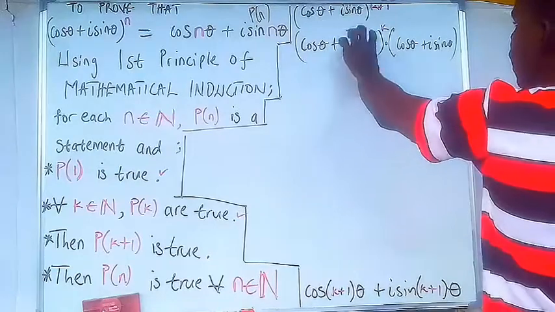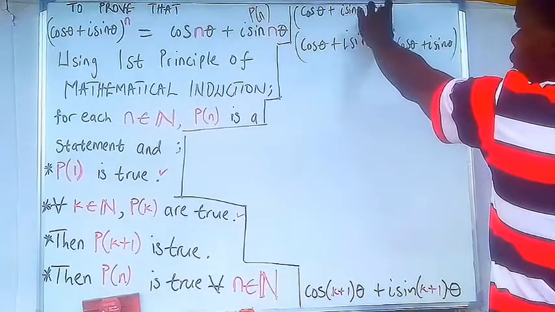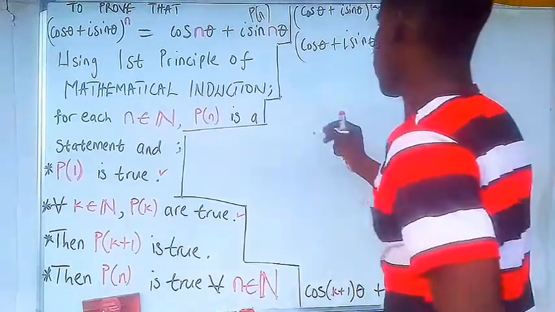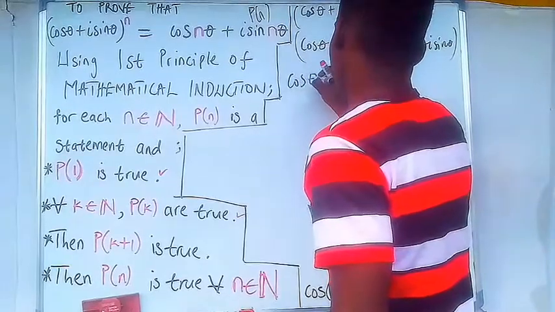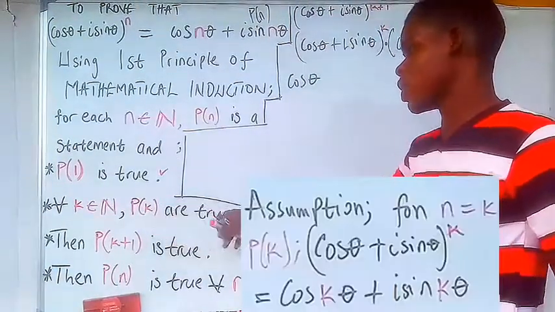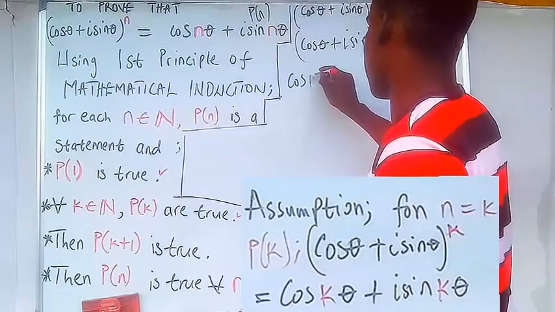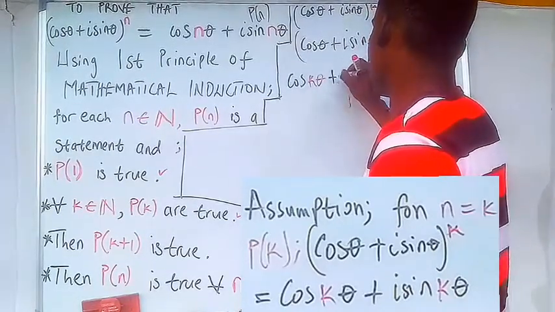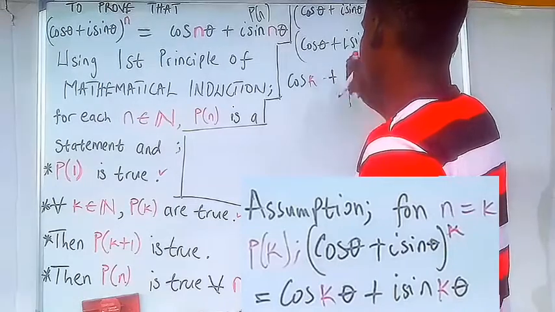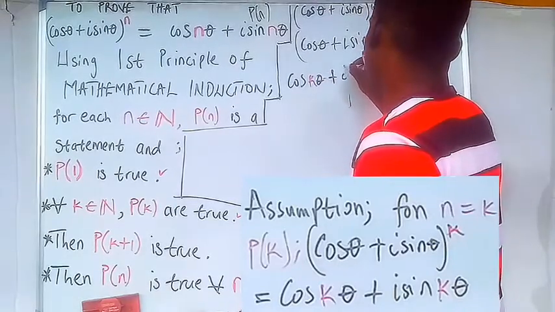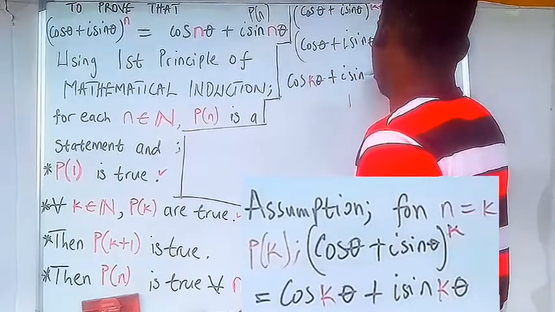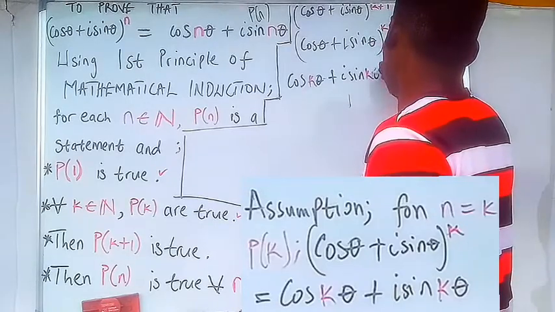So we go ahead and notice that this one here is k, we're going to have cosine of theta. Remember the second statement that this was true. We had here cosine of k theta plus i sine of k theta.